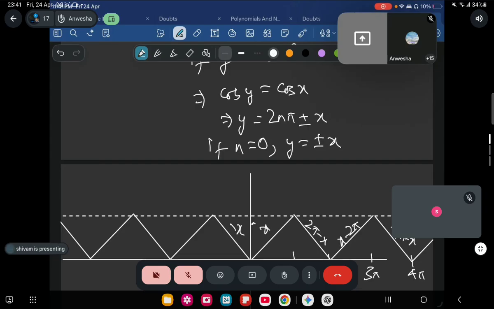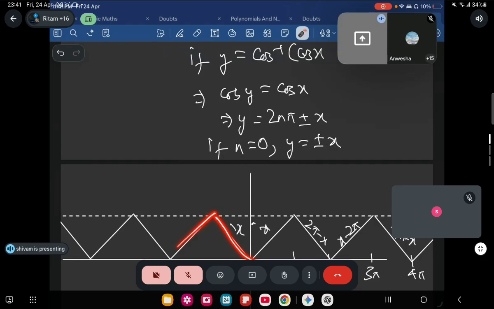Next, before minus x, what is this branch? What is the equation? You have the point, you have the slope at least.